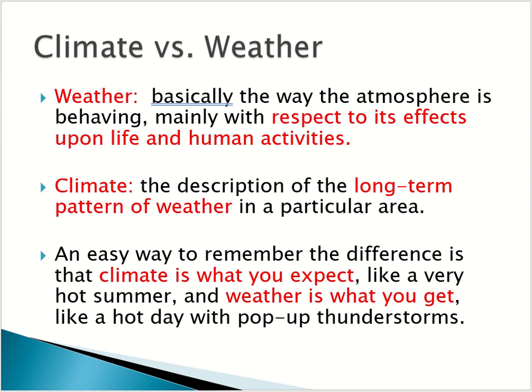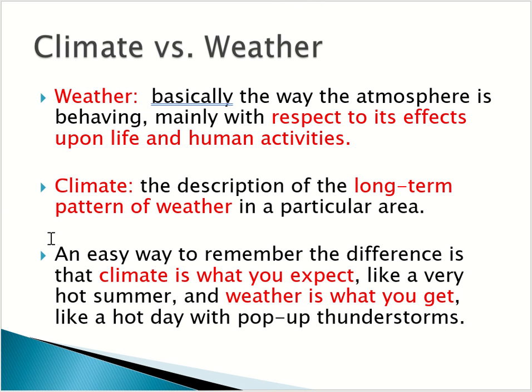Climate versus weather distinction. This is important, and the main distinction is temporal, so over time. So weather is basically the way the atmosphere is behaving at a given moment and in a way that is of particular importance to its effects on human activities.